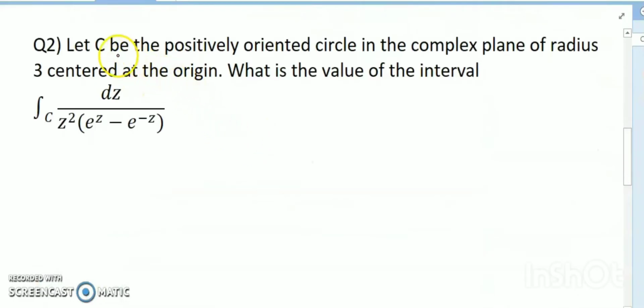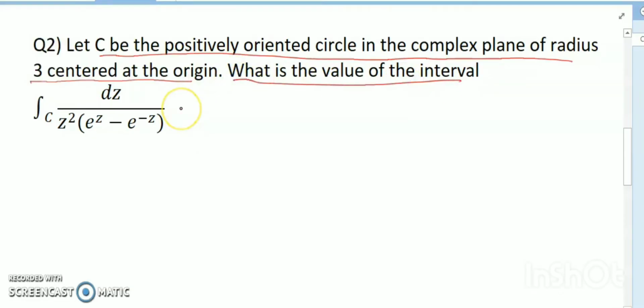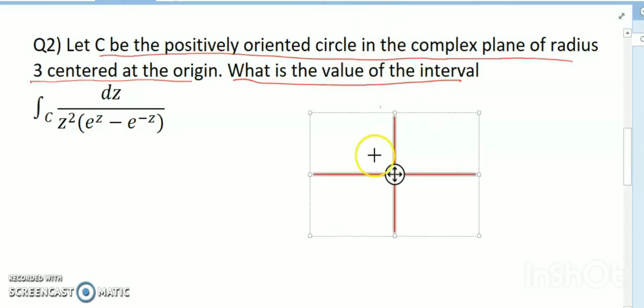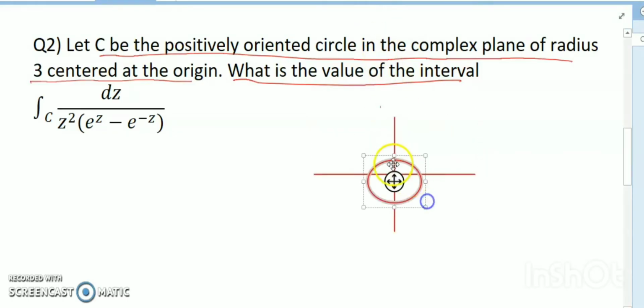The second question is: C is the positive oriented circle in the complex plane of radius 3 centered at the origin. What is the value of the integral? This. So friends, this is my circle, and let's draw a circle.